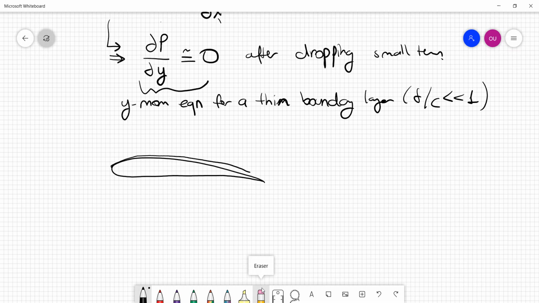If that is the case, this equation tells you, if this is your XY coordinate, on the surface of the airfoil, if you move along the Y direction, pressure will not change. dP/dy is equal to 0, so it's constant along Y.